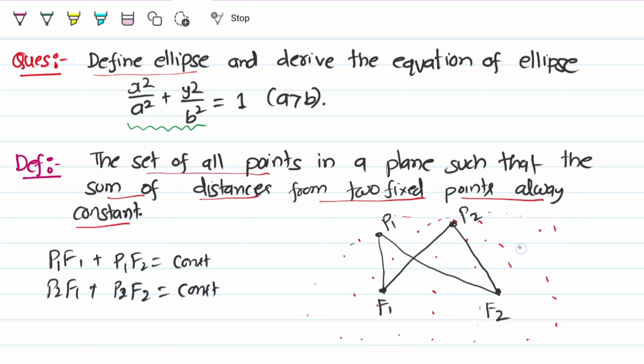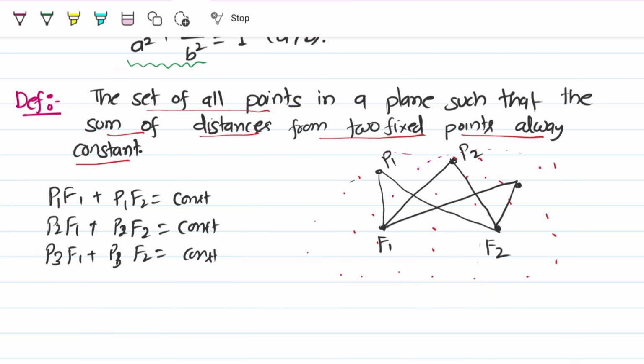Or some other point P3, we will take only those points which follow the condition. So if I collect all these points, they will follow one path. If I join all such points, they will make a curve. That curve will be your ellipse.